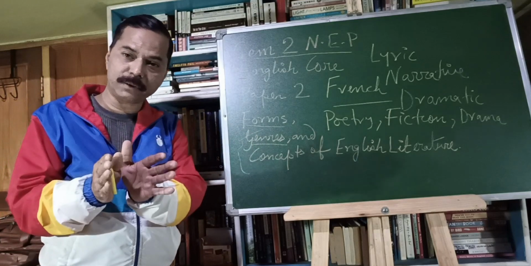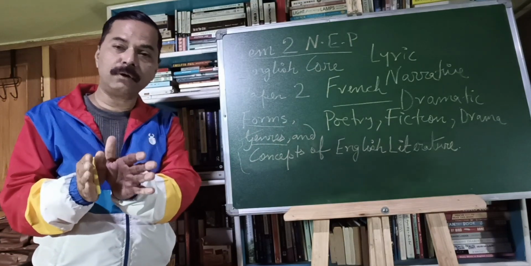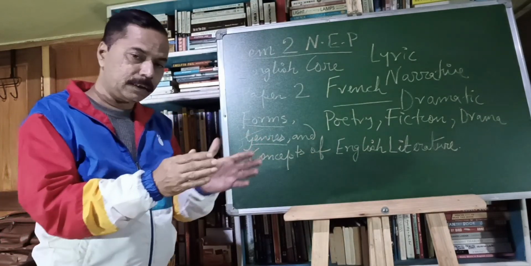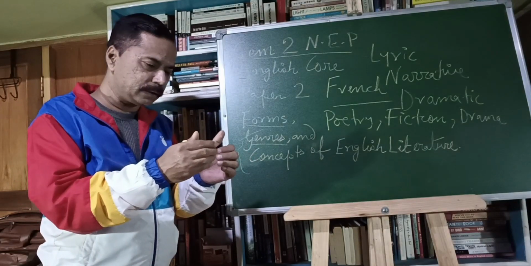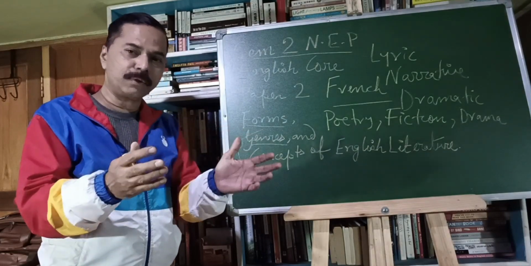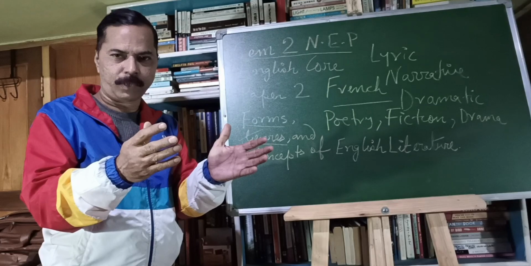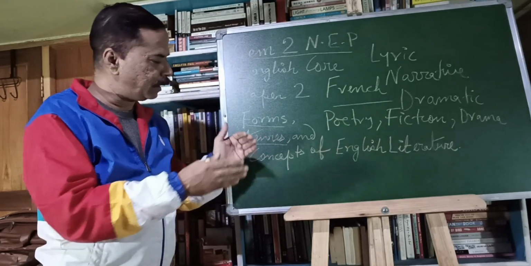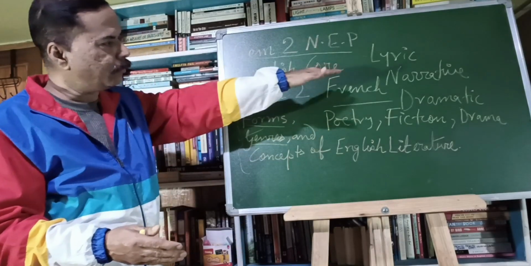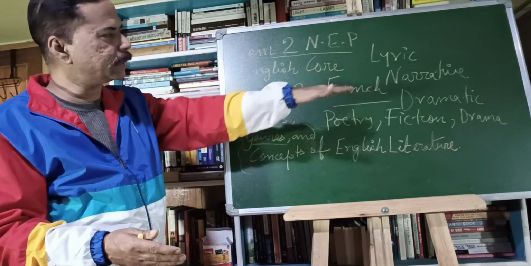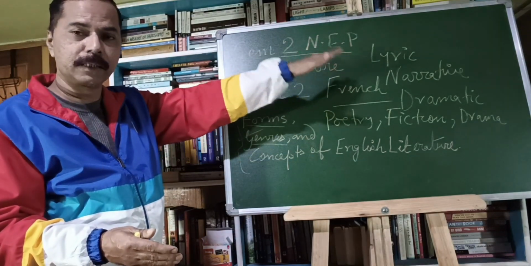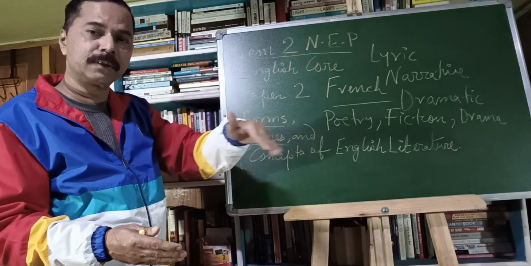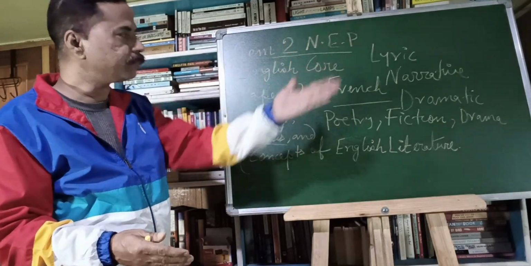Genres means forms or categories or types. Now genres are categorized based on their shape, structure, as well as their subject matter, as we shall see. So forms and genres can be used synonymously. Earlier there were three genres. The lyric, based on who speaks in the lyric. It is the first person utterance throughout the work.